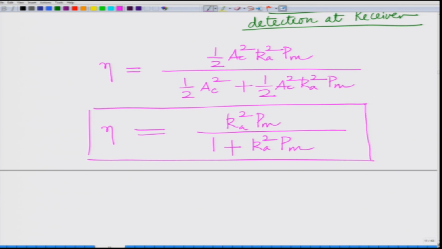So, this is the efficiency of the AM system, correct.